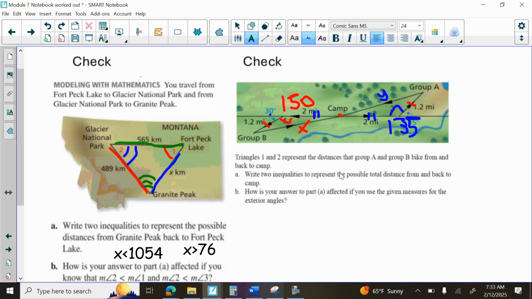So what do we know about x and y? Which is bigger, X or Y? Why is Y bigger? Come on, guys. Why is Y bigger?